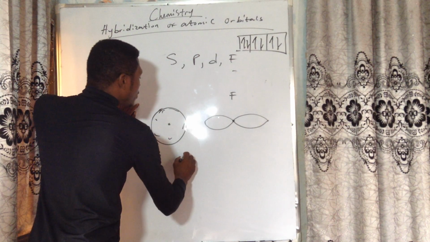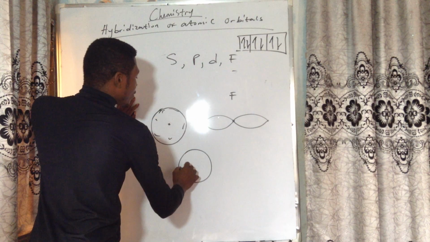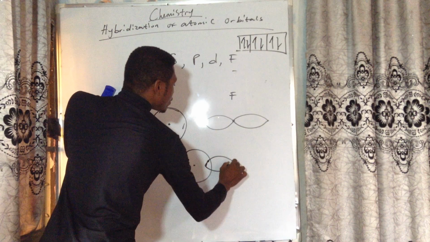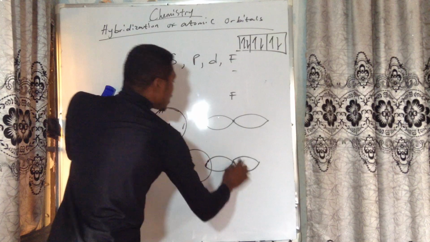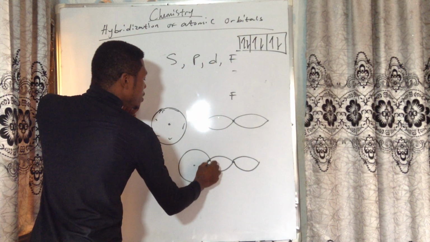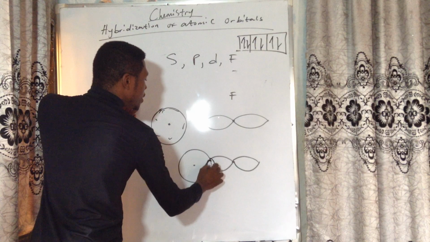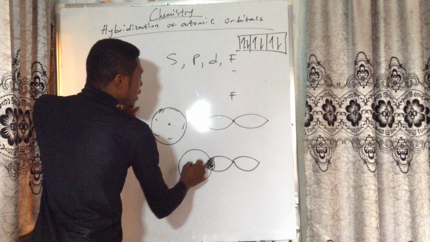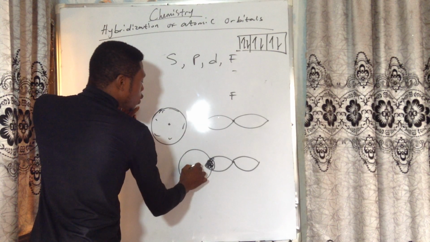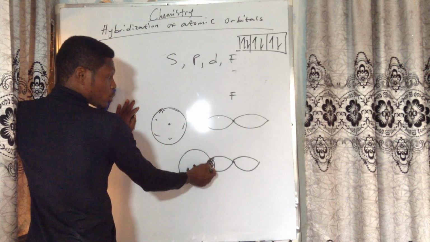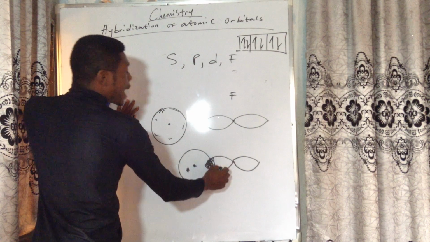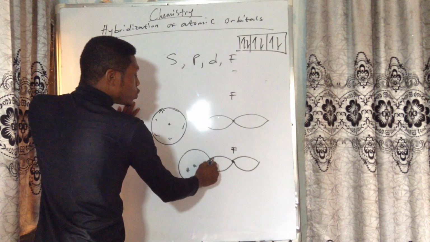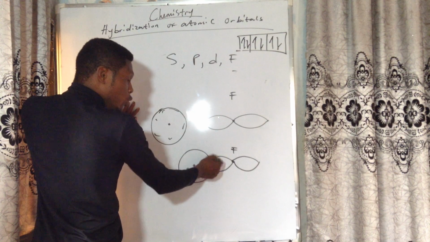Now see what happened. This is the s orbital of hydrogen, and this is the p orbital of fluorine. When they come together, you see this region between the two orbitals. This is where the bond orbital is. The nucleus of hydrogen will be attracting the electrons in this bond orbital, and also the nucleus of fluorine will be attracting electrons in this region.